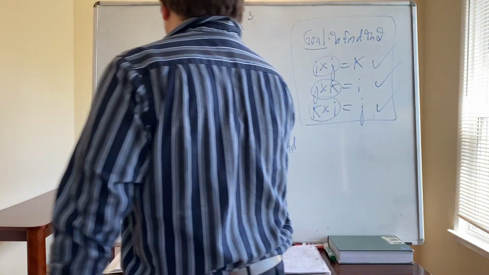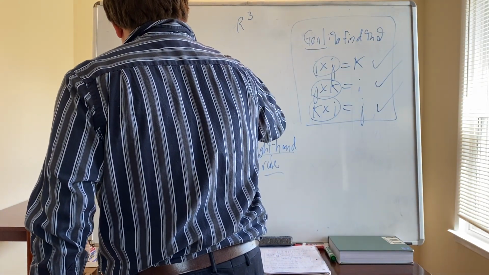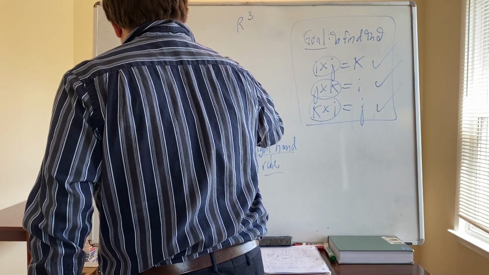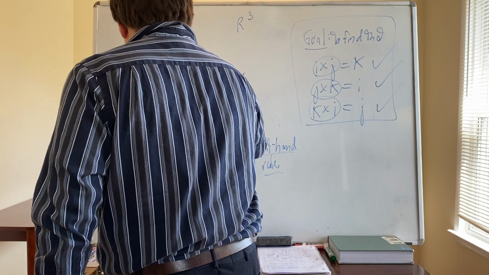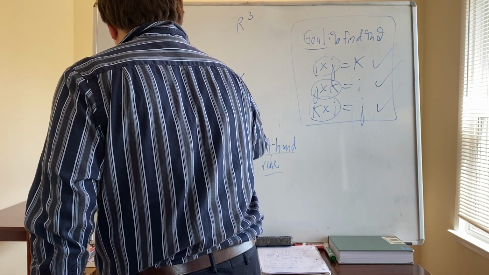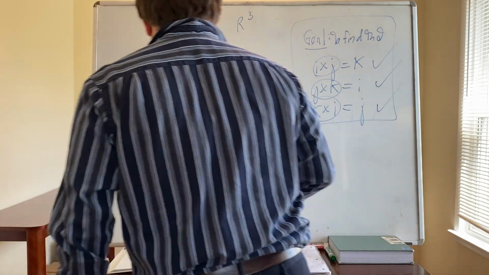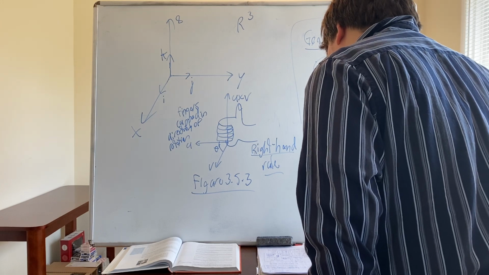Okay, and here I'm going to write: fingers cupped in direction of rotation. So this is not included in the figure in the book, so I'm adding this here. Fingers cupped in direction of rotation from u to v.